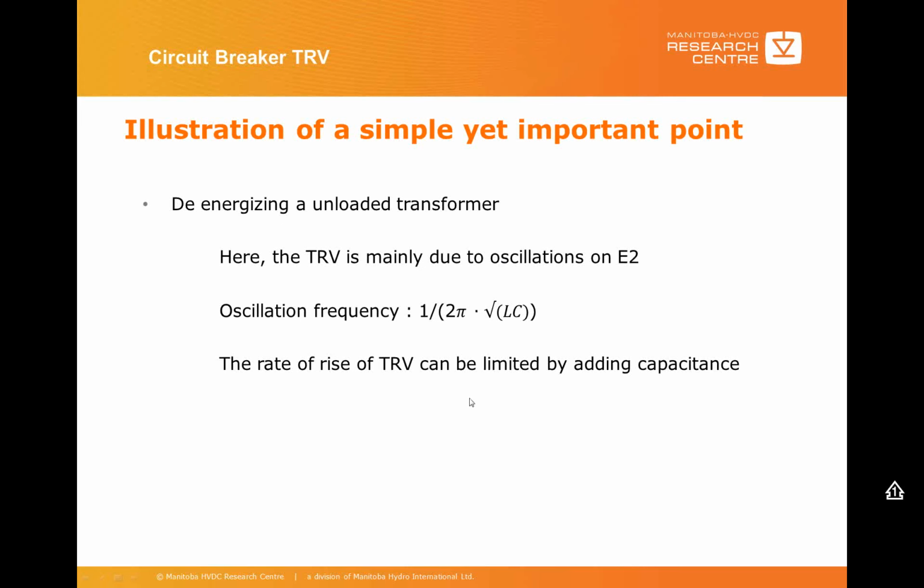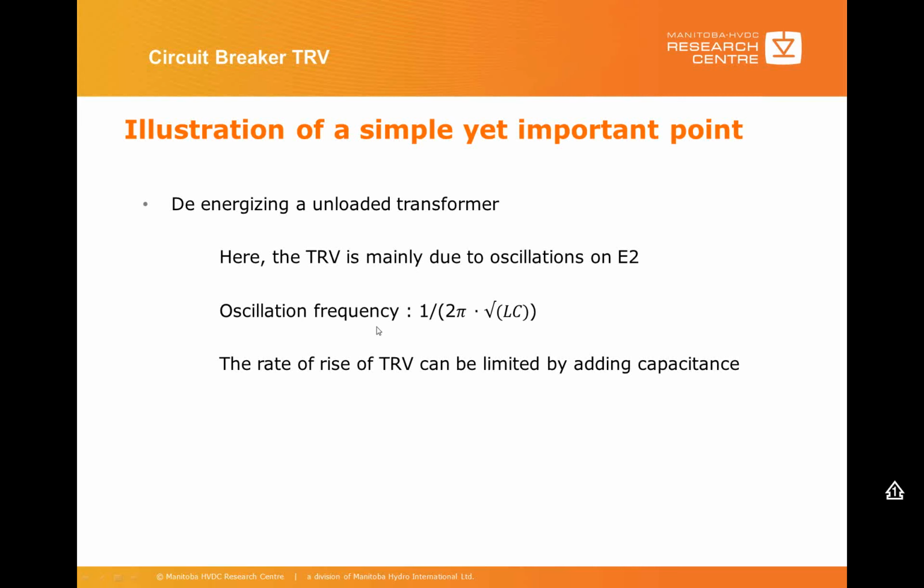Anybody can calculate and validate it. And one point you can learn from here is that if you play with these values, you can play with the oscillation frequency, which is basically the rate of rise of TRV.